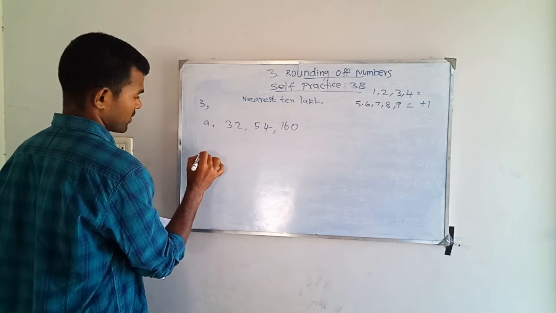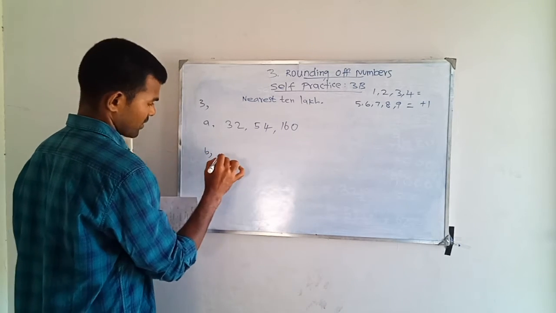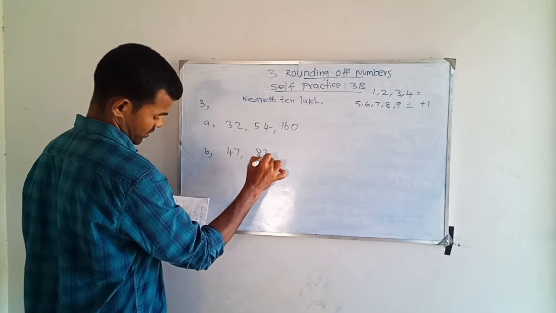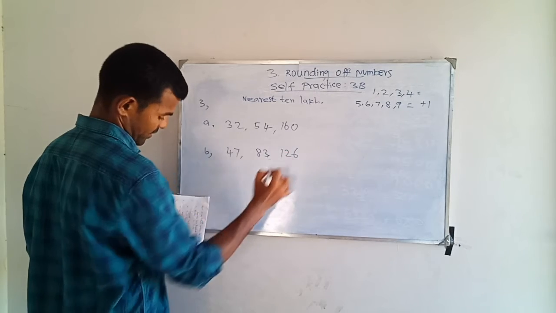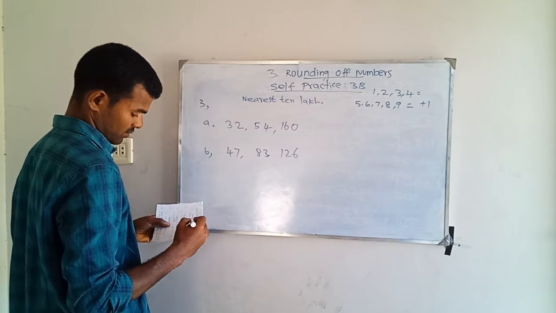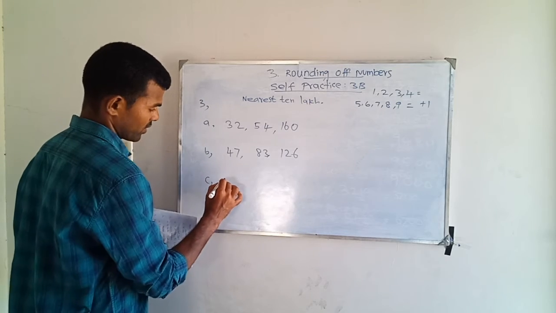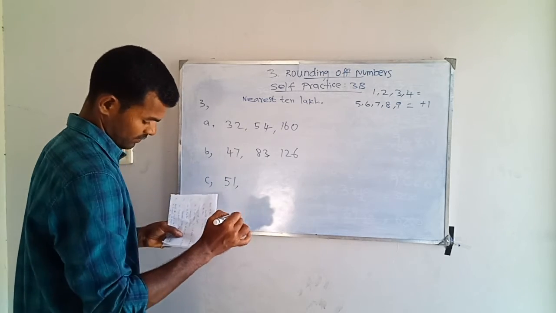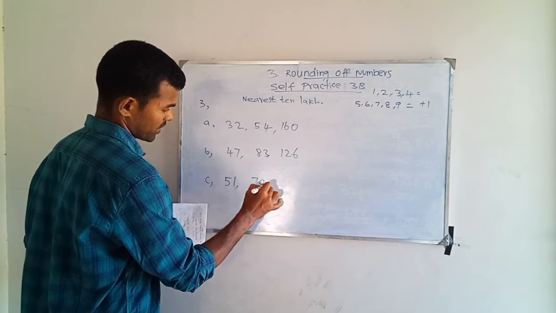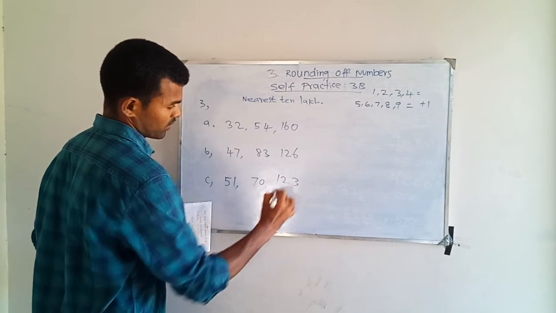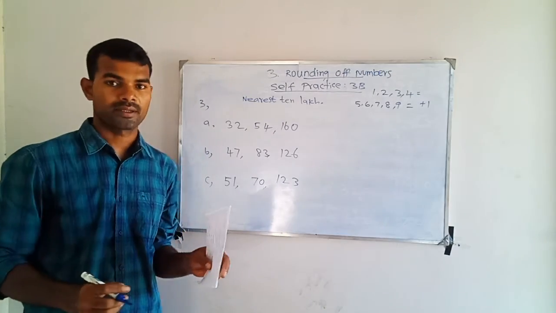The next, B question, tells 47 lakh 83,126. The next, C question, tells 51 lakh 70,123. So these are the given numbers.